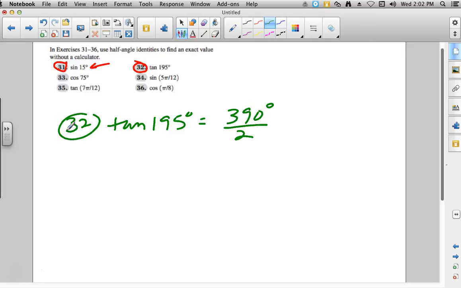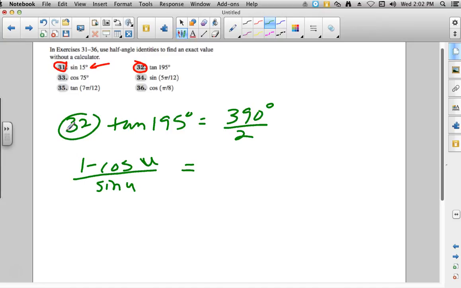So with tangent, what we have to do is 1 minus the cosine of x or u, whatever it may be, over the sine of u. So for the tangent of 390 degrees, I think about the fact that that's going to go 360 and another 30.